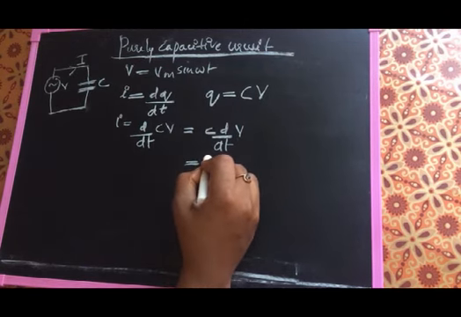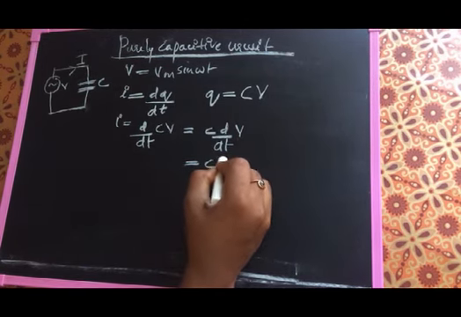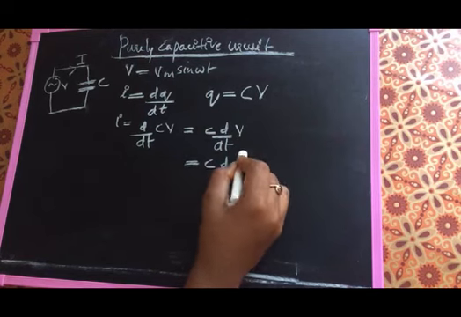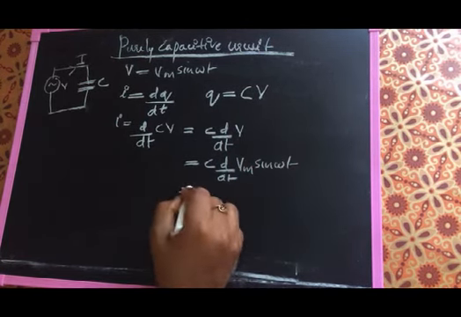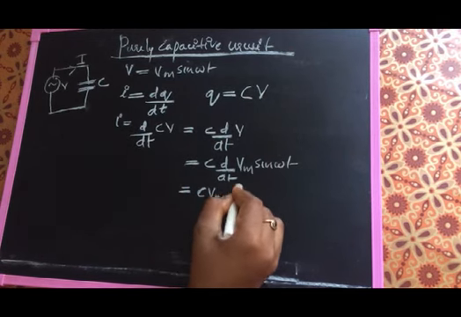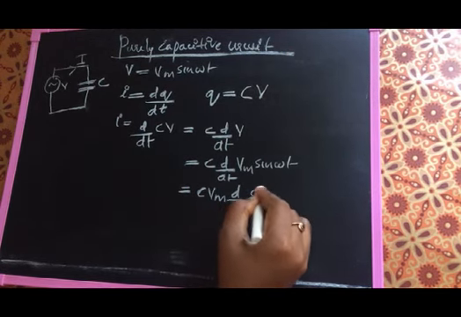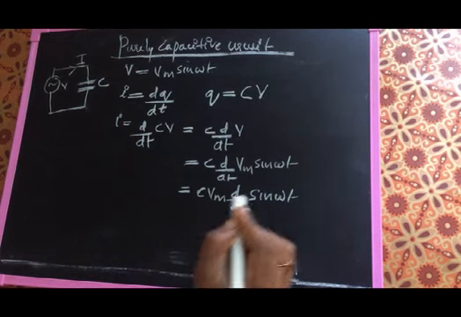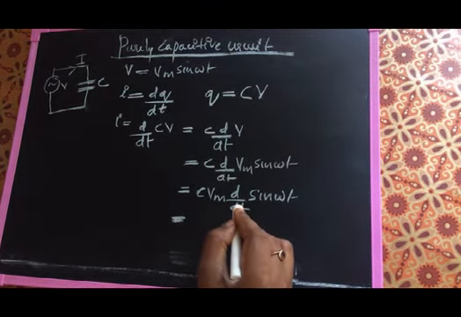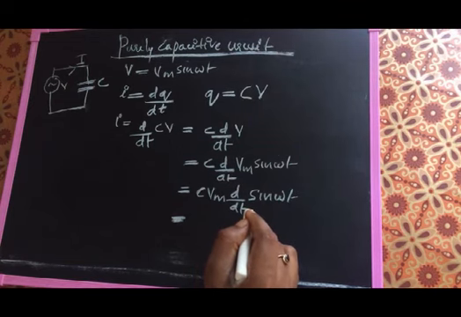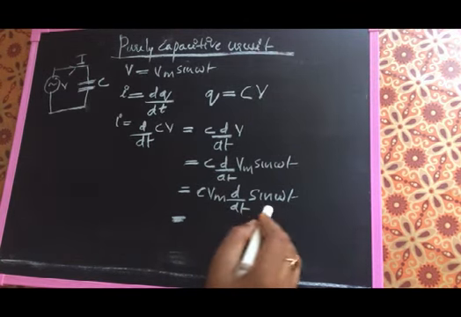V is equal to, what is V? Vm sin omega t, that is equal to c d by dt of Vm sin omega t, that is equal to c Vm d by dt of sin omega t. What is the derivative of sin omega t? That is cos omega t.